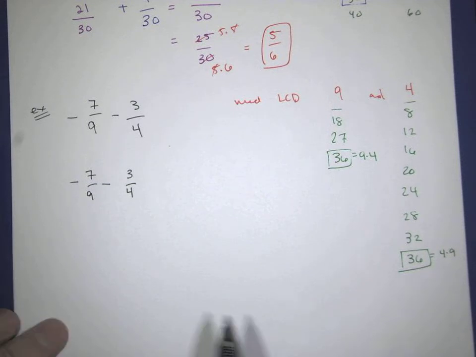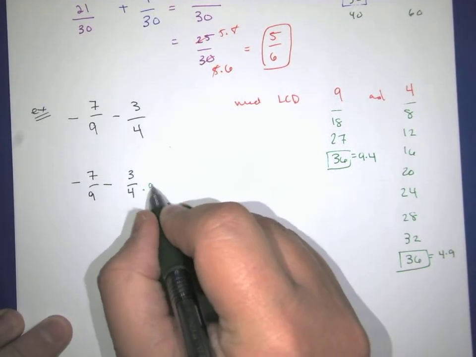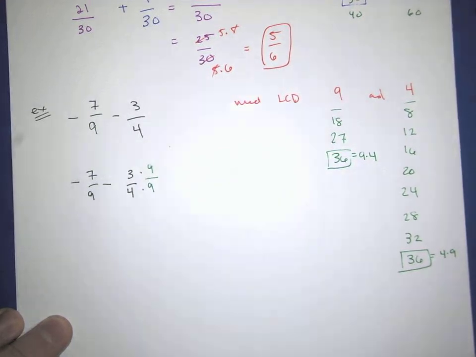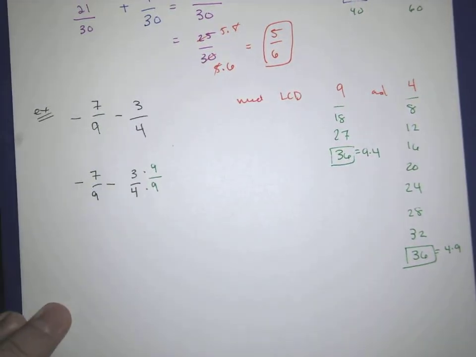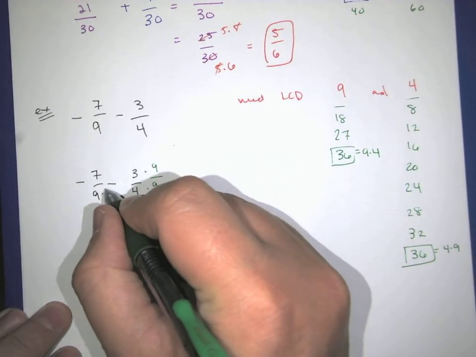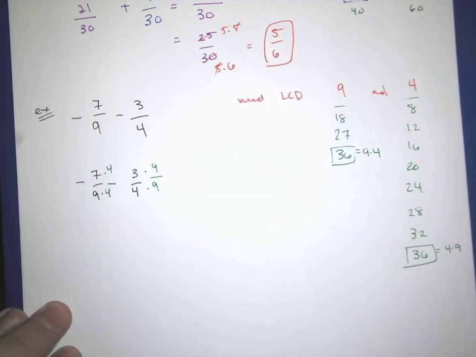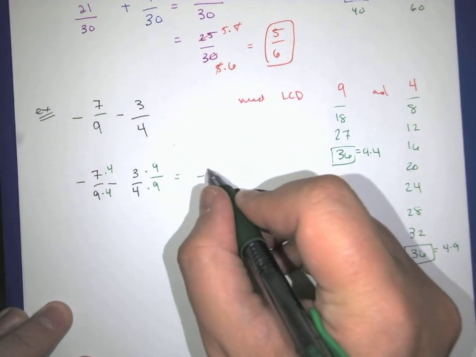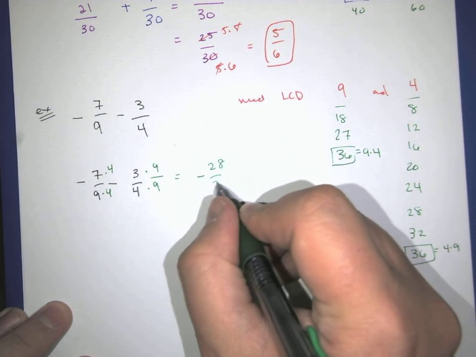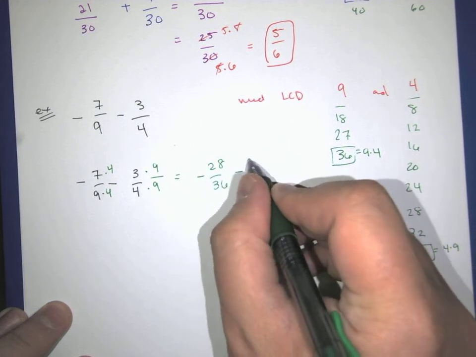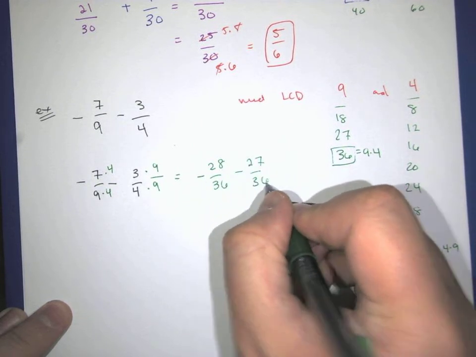So for 3/4, I'm going to have to multiply by 9, and the same multiplication up top. On the 7 over 9, that one needs to be multiplied by 4, and I'll do 7 times 4 here. So this becomes negative 28 over 36 minus 27 over 36.